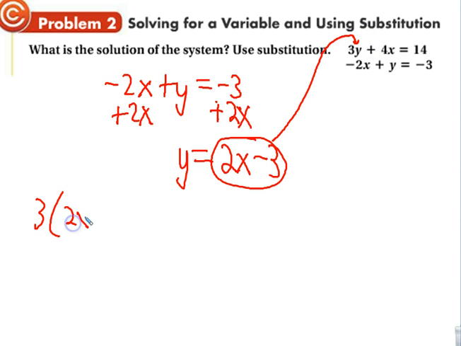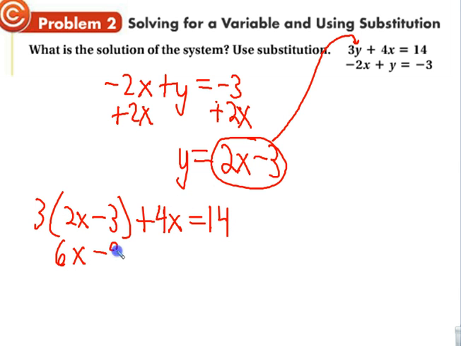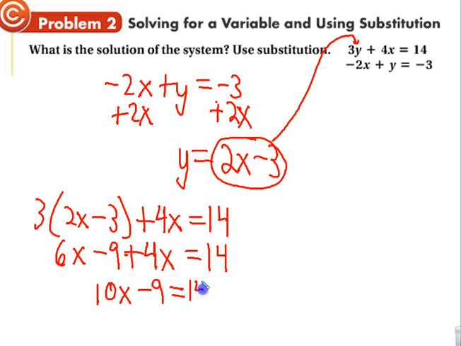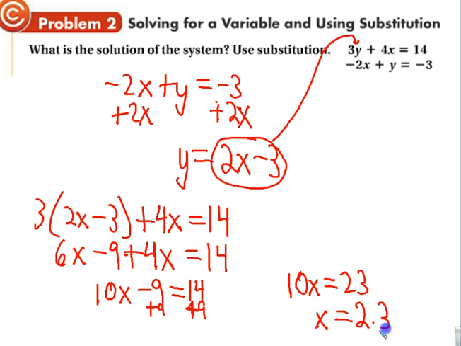So 3 times 2x is 6x, 3 times minus 3 is minus 9. Add those together, you get 10x minus 9, add 9, you get 23, so that's the value.